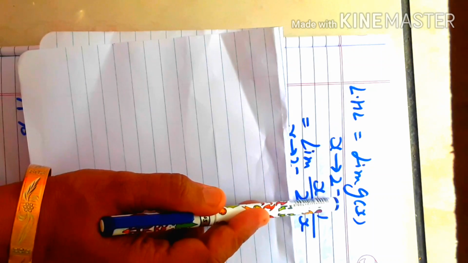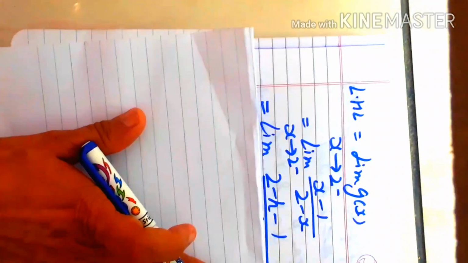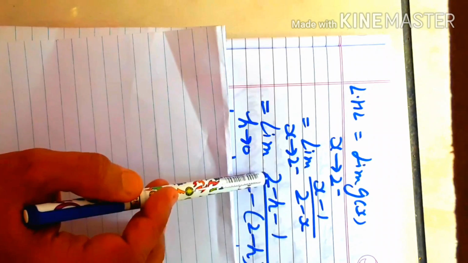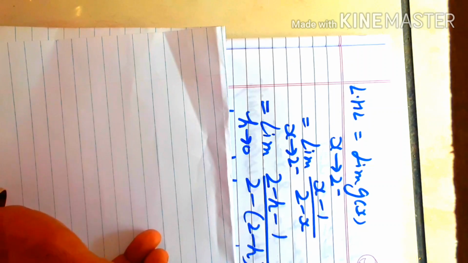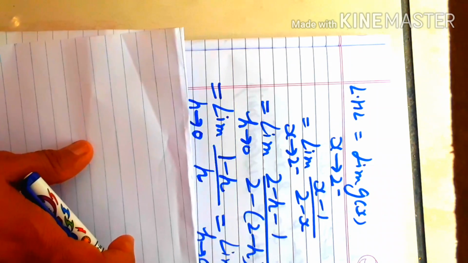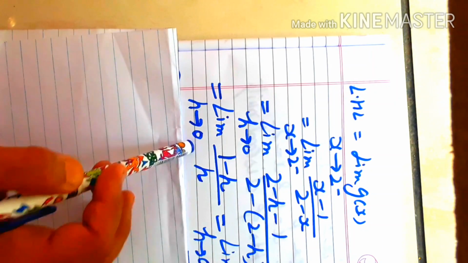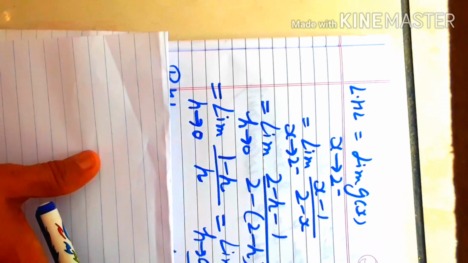We take the left hand limit. We know the function is not defined at 2, so we check both the left and right of 2, whether their limit exists. So we replace x with 2 minus h, because we are taking the left hand limit where h approaches 0 and h is positive. So 2 minus h minus 1 and 2 minus, again in place of x we are writing 2 minus h. After solving, what we are getting is the limit of 1 minus h upon h where h goes to 0. So it has become 1 by h minus 1, h goes to 0, so it will become infinity minus 1, which is equal to infinity.